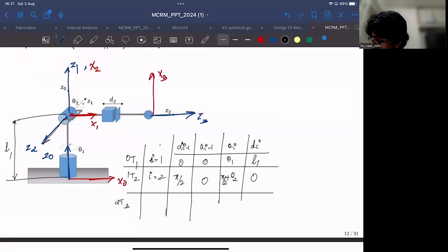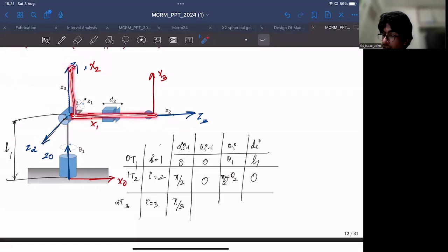So that again makes it, for i as 3, alpha i minus 1 pi by 2. And a i minus 1 would be the translation along X2. You don't need any translation along X2 because these two are aligned. There is 0 offset along X2. So that makes this 0.